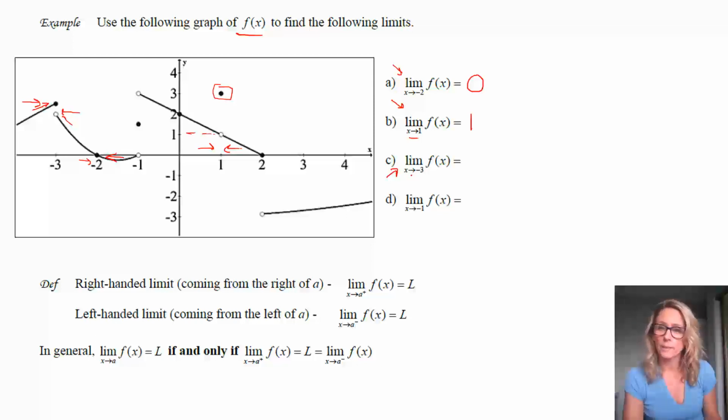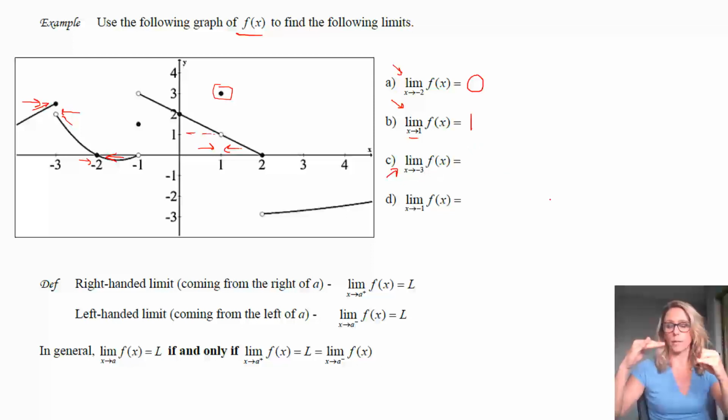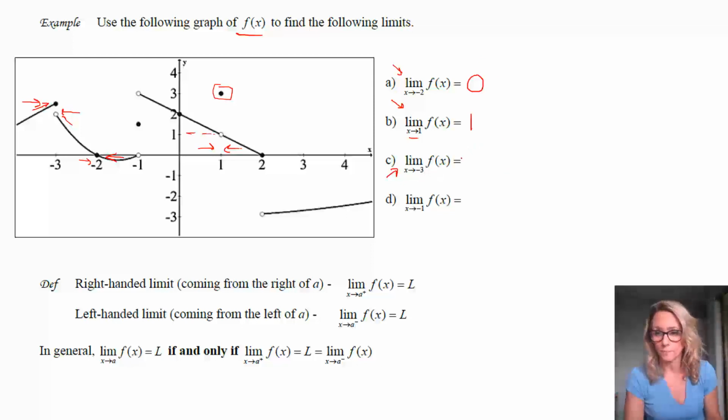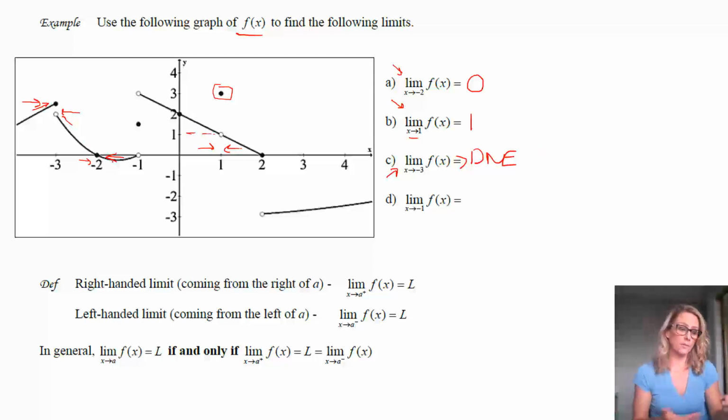If you're asking for the limit as x approaches -3, you need to be approaching the same y value from the left-hand side and from the right-hand side. Otherwise, we say DNE, which does not exist, and that just tells us that the limit as x approaches -3 does not exist because we're coming to different values from the left and the right-hand side.